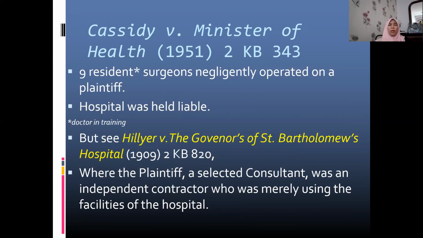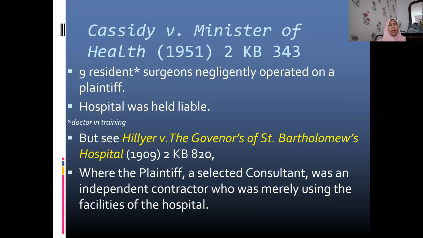But if we compare with another earlier case, Hillyer and the Governors of Saint Bartholomew's Hospital. In this case, the plaintiff was a consultant, a visiting consultant, and he was held to be an independent contractor. So he could be attached to the hospital, but he's not really a full-time employee.